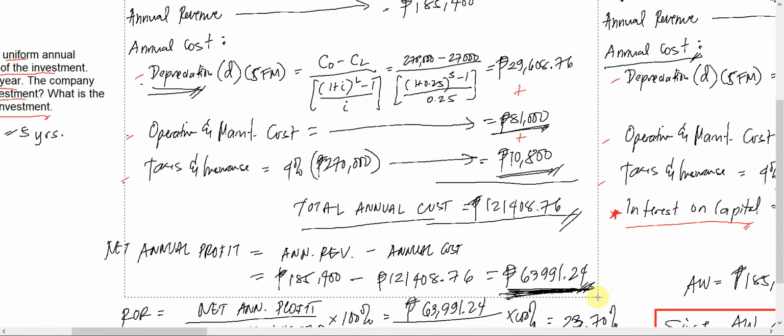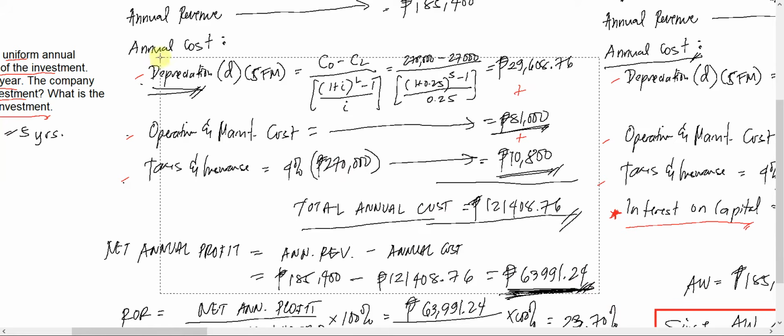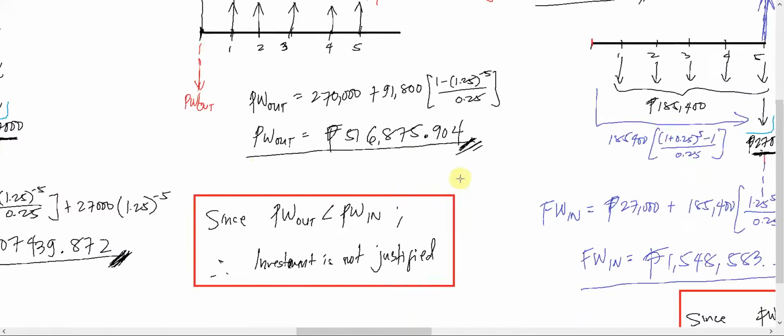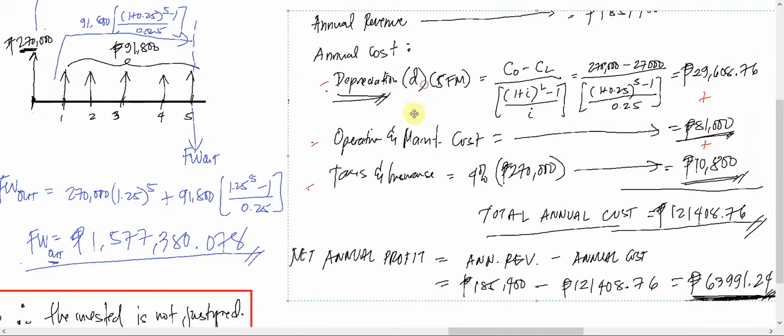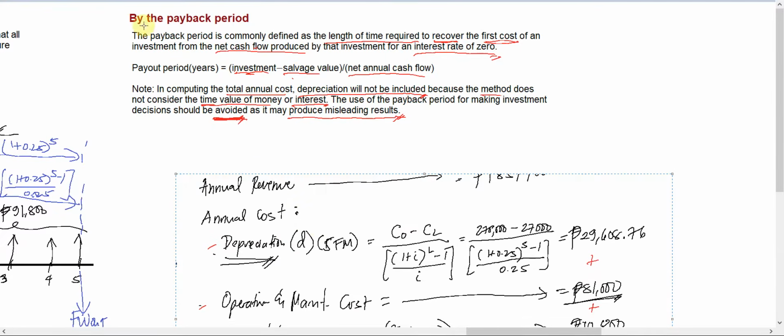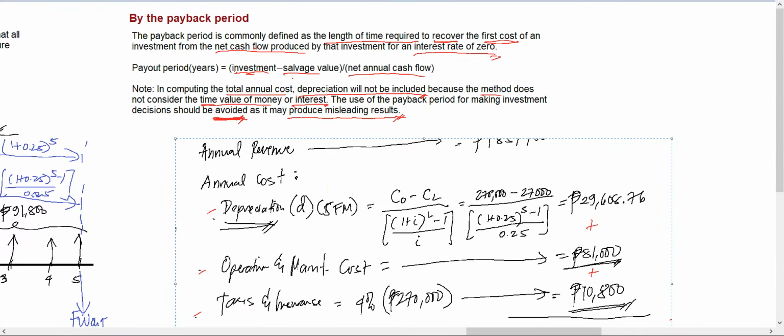Actually, pwede na hanggang net annual profit. Okay, copy na lang natin yan, 185,000. Copy lang natin to kasi same process lang din yung gagawin dito. 185,400 ang annual revenue.